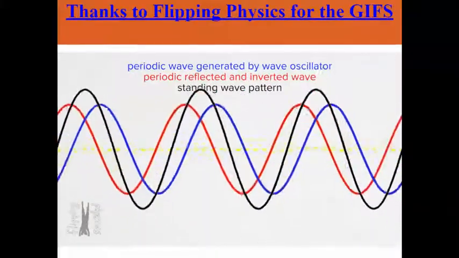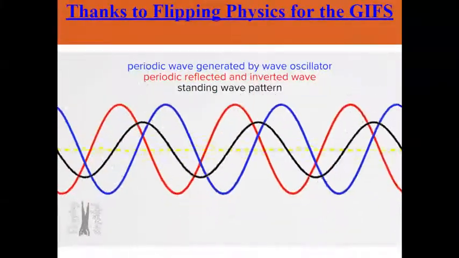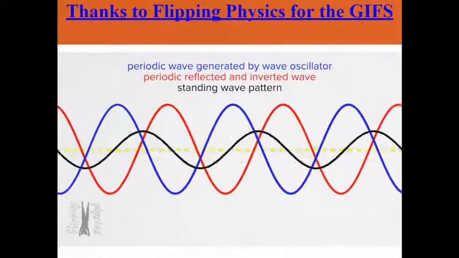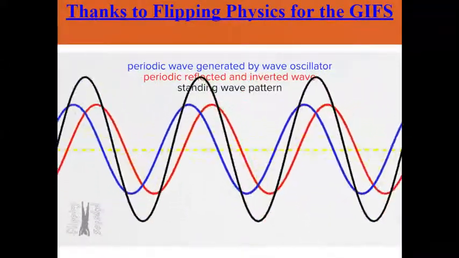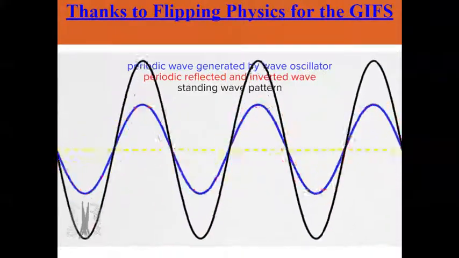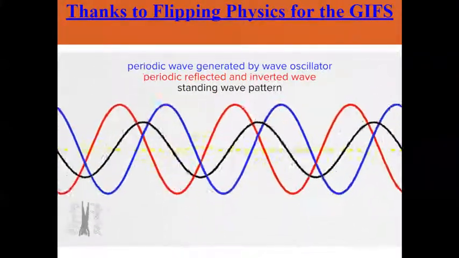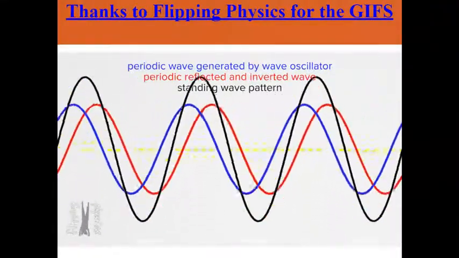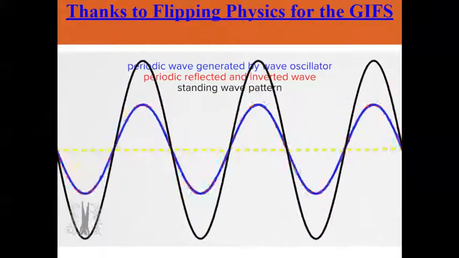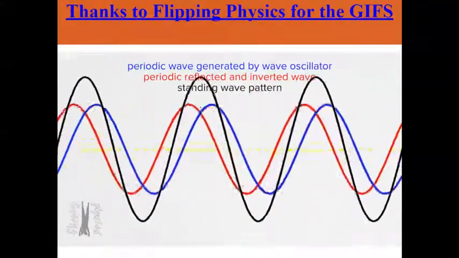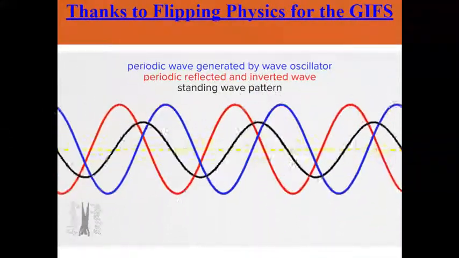Here's a breakdown of what's actually happening. The GIF shows the way to set up a standing wave, where you send a wave using a wave oscillator. You use a machine attached to a string to generate a wave. On the other end, there's a fixed end, which causes that wave to get reflected.